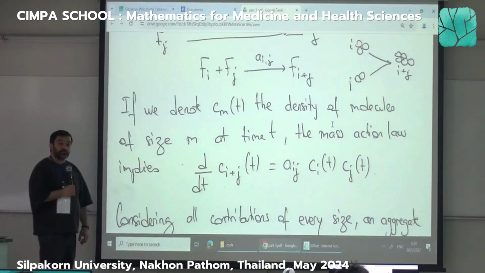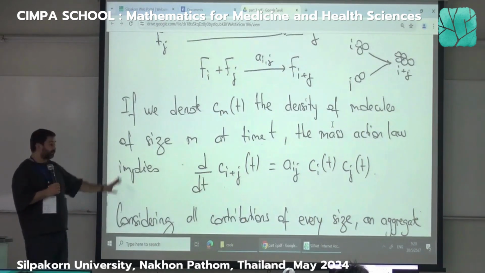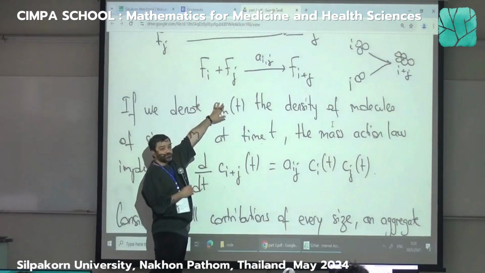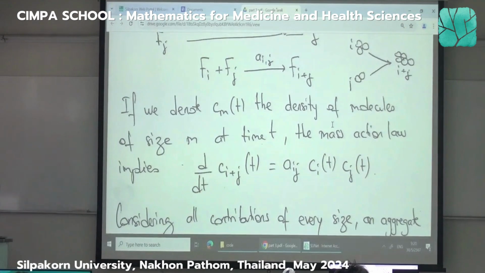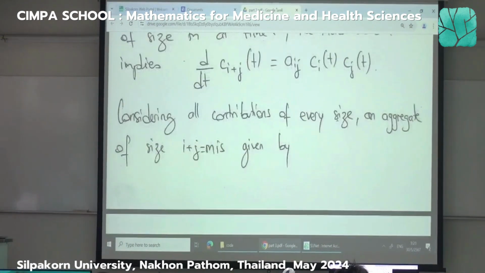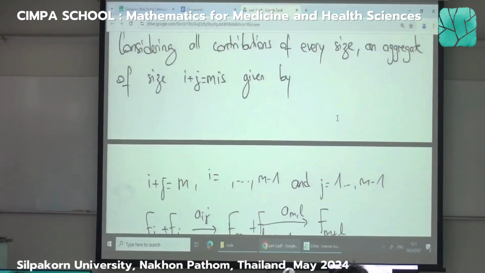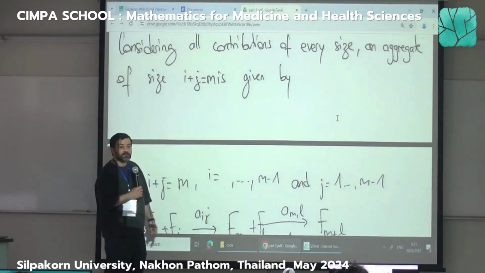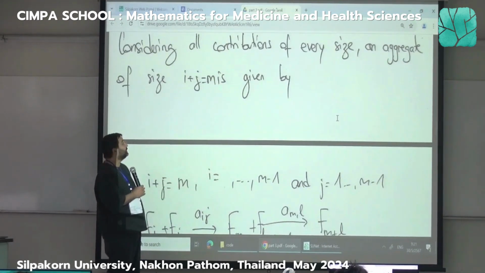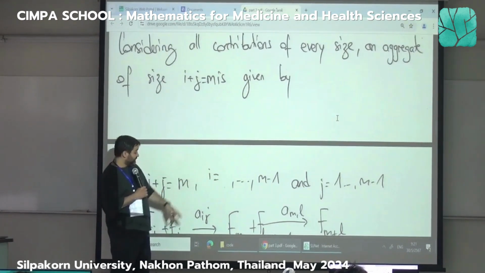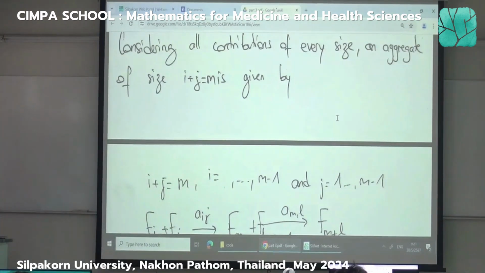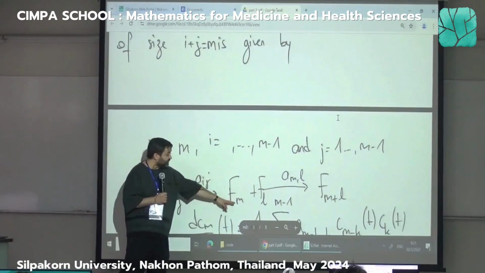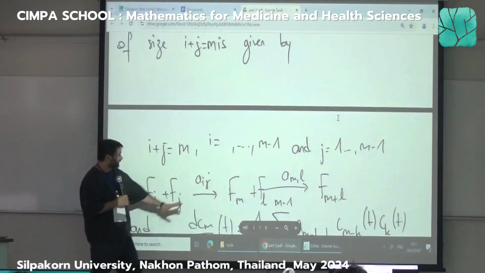But now I have to do that for all particles of the system, not just for one I and one J. So what does it mean? What are the particles of size M? This is all the particles of the system when you have I plus J equal to M. So to get the particle of size M, don't forget this part.